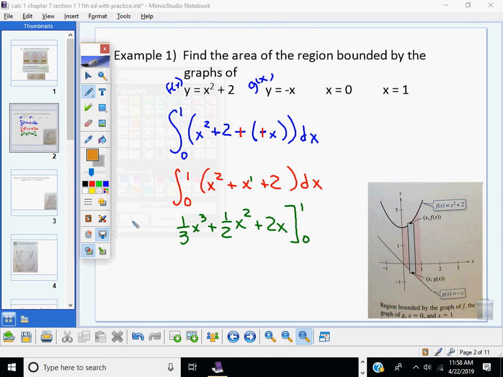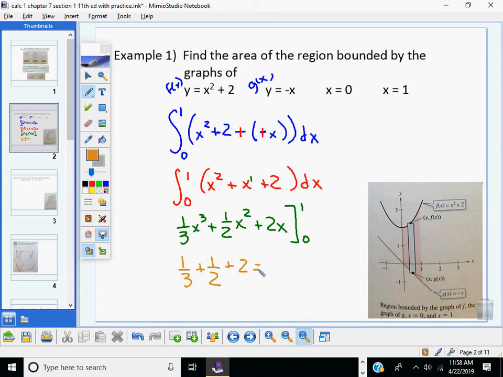Now we're ready to do the top minus the bottom. If I plug in the 1, I get 1/3 times 1, which is 1/3, plus 1/2 times 1 squared, which is 1/2, plus 2 times 1, which is 2.